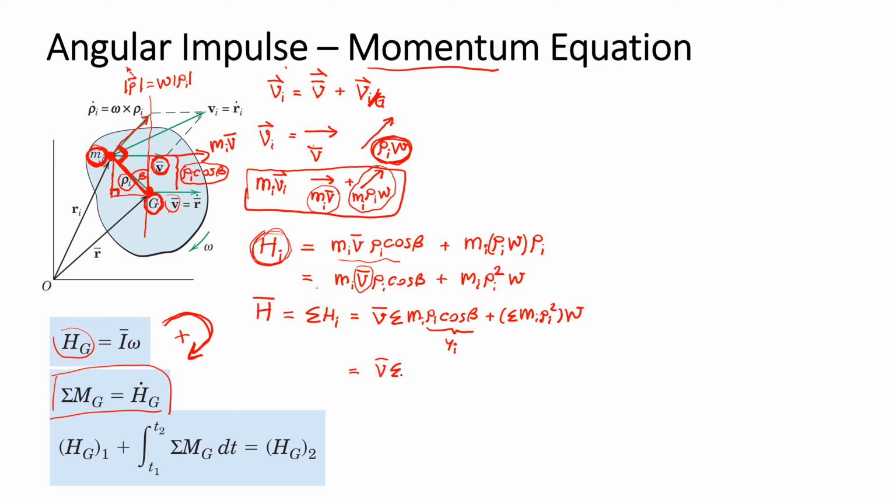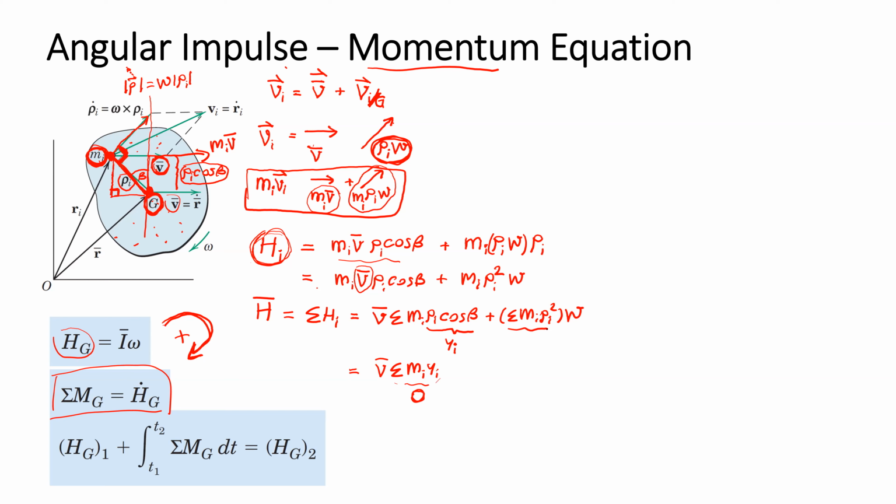So the summation of mi yi about the center of gravity is equal to zero, because for the center of gravity, we have mass above the center of gravity and we have mass below the center of gravity. When we obtain the summation of mi yi, the sum will equal zero.